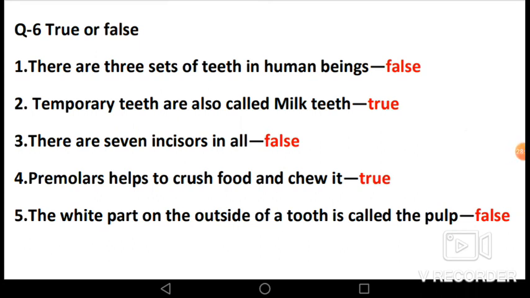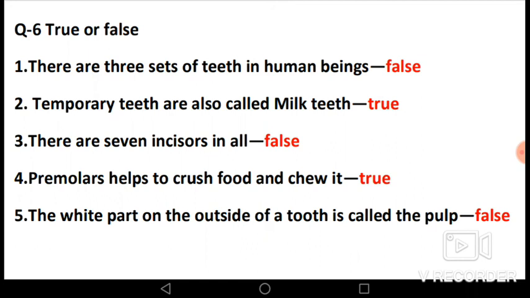Now let's see fourth statement. Premolars help to crush food and chew it. As we all know, there are 8 premolars in all, 4 in each jaw, and premolars help to crush food and chew it. So this statement is true.